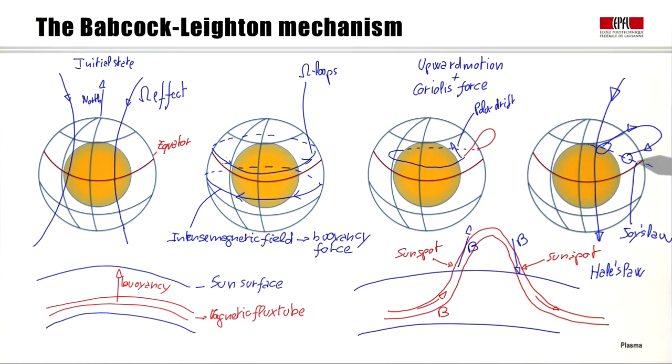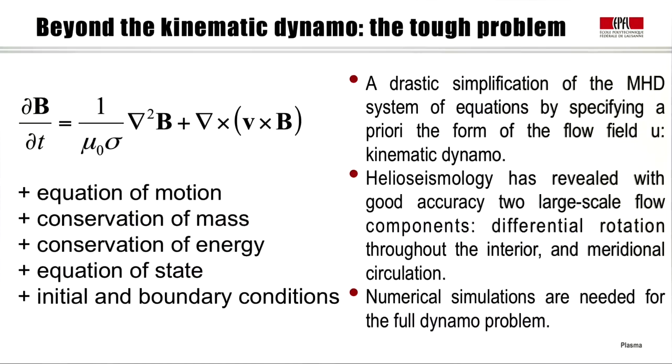The last step of this complex dynamo mechanism involves the transport of a decaying magnetic field towards the poles by the meridional circulation. Here, the magnetic field from the sunspot will eventually reverse the polarity of the pre-existing magnetic field.